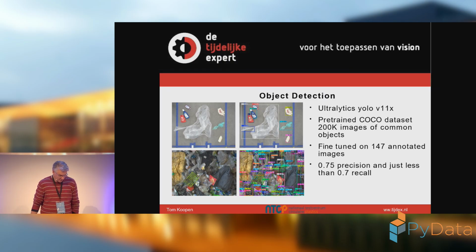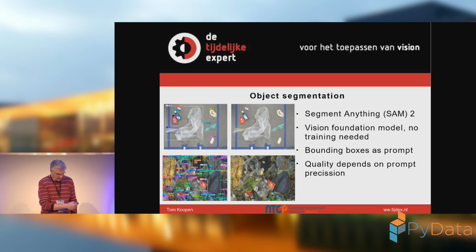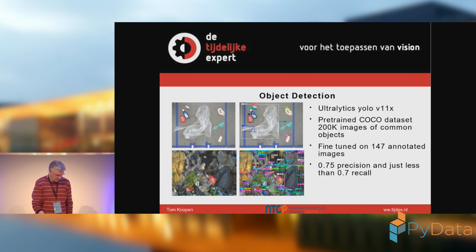Once we have all the bounding boxes, we can go to object segmentation. Like I said before, I used the standard YOLO algorithm. This is one of what we call vision foundation models. There are a lot of models in vision that you can use out of the box, fine-tune them, and have something working without relying on massive amounts of data.